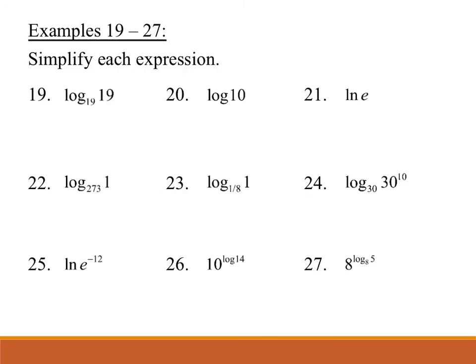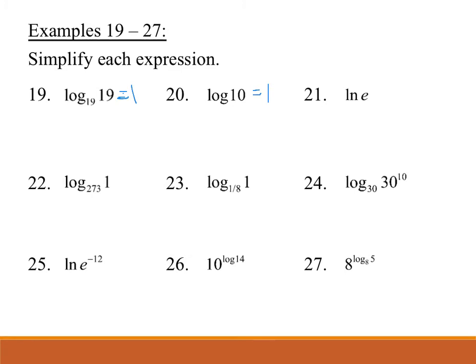So in this example we're going to simplify each expression very, very quickly. When we take a look at it, we see the log base 19 of 19 is just equal to 1 in this particular case. In number 20, log 10 is just equal to 1.